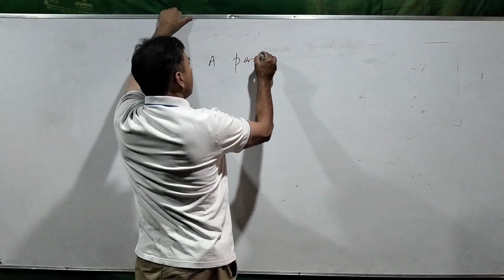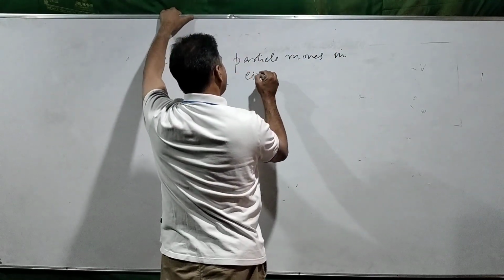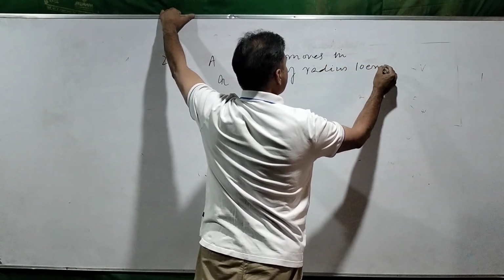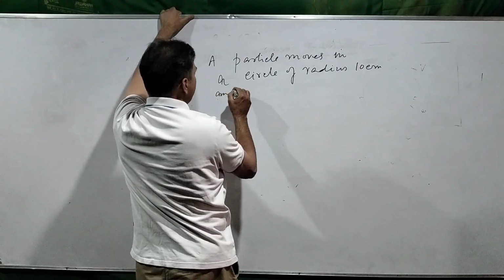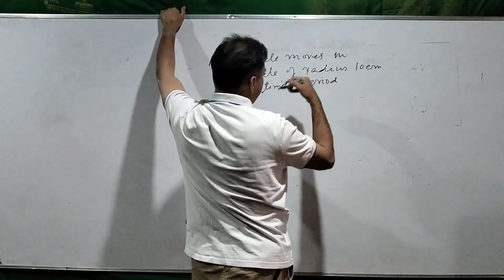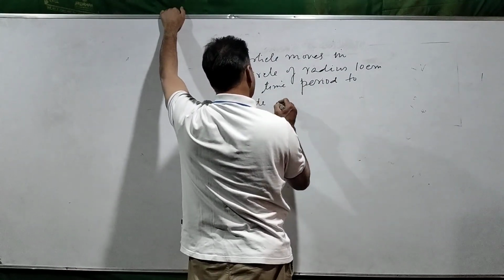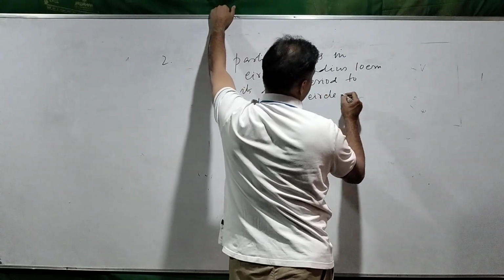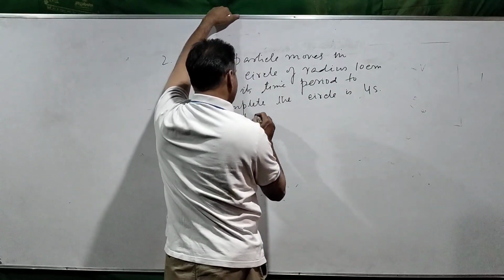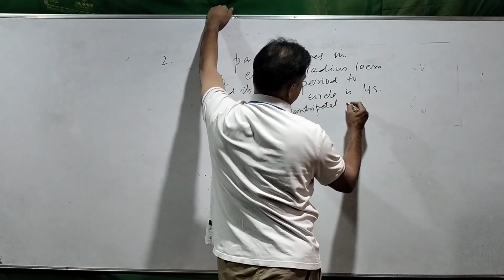A particle moves in a circle of radius 10 centimeters and its time period to complete the circle is 4 seconds. What is the centripetal acceleration?